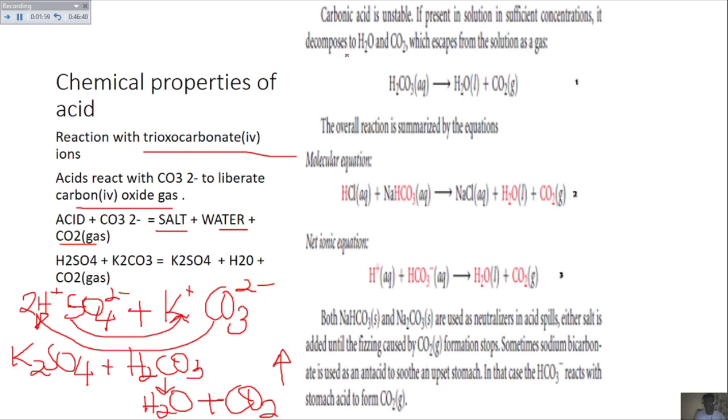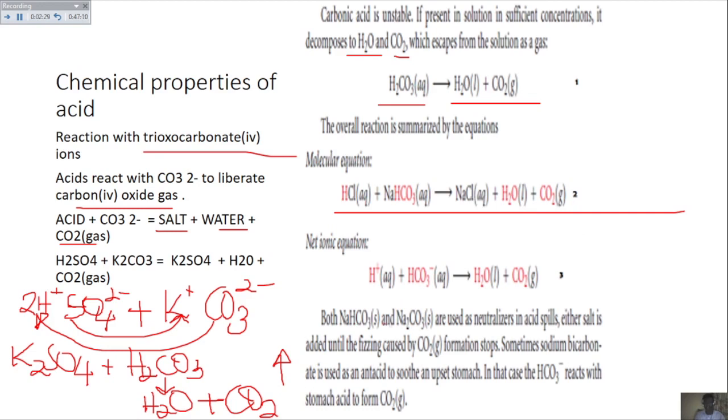It decomposes into H2O and CO2, which escape from the solution as a gas, as I have demonstrated here. Therefore, the weak acid breaks down into this, and the overall reaction is summarized below. When you use sodium hydrogen carbonate with HCl, this also results in sodium chloride, water, and CO2, which is given off as a gas. And this is the ionic equation for it.